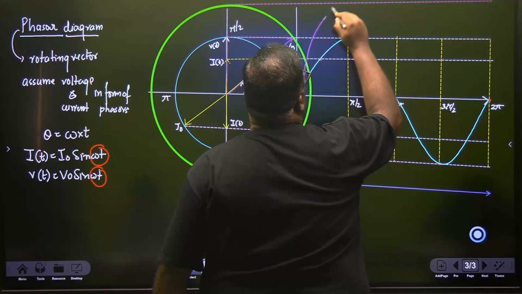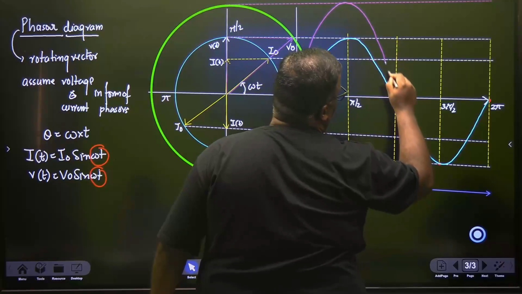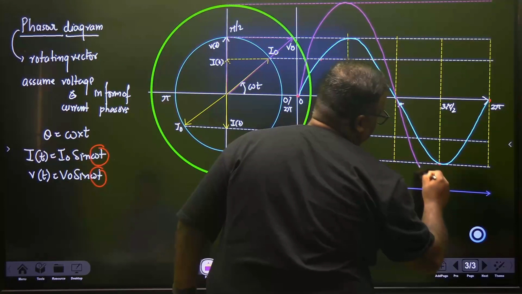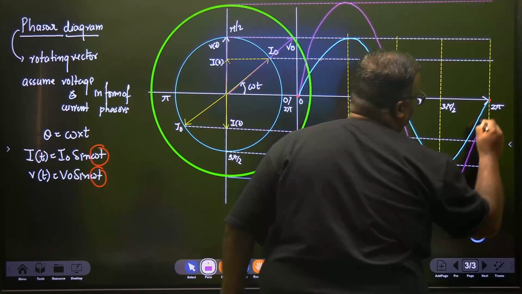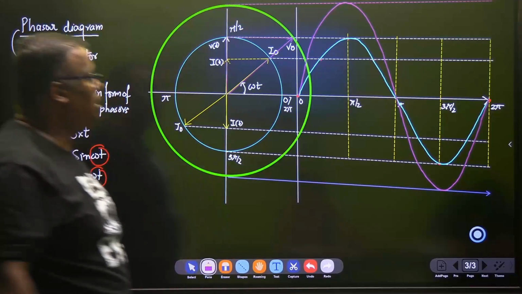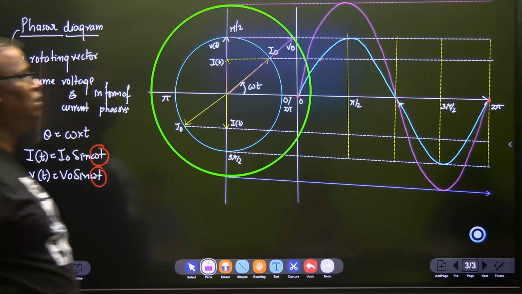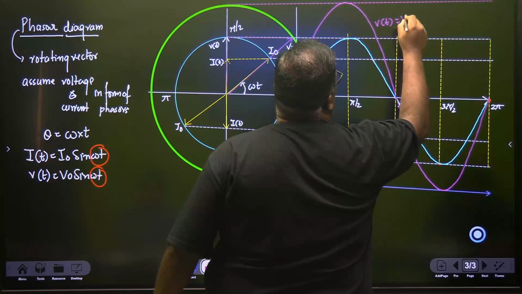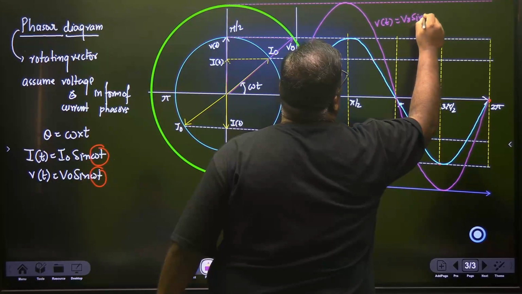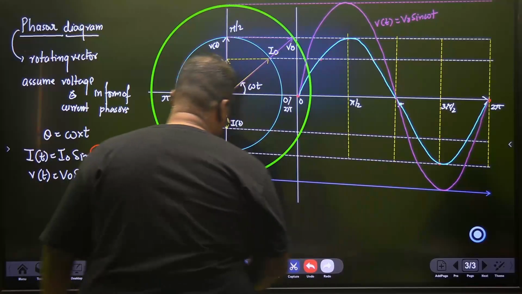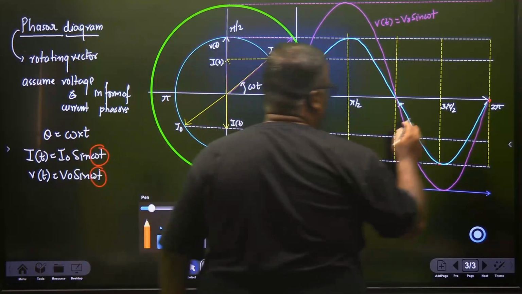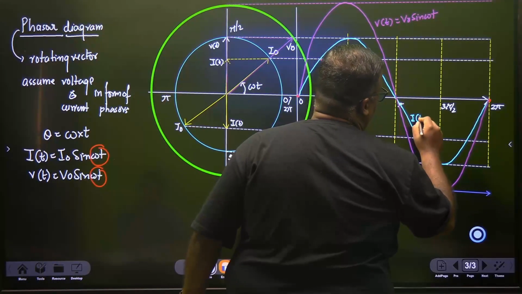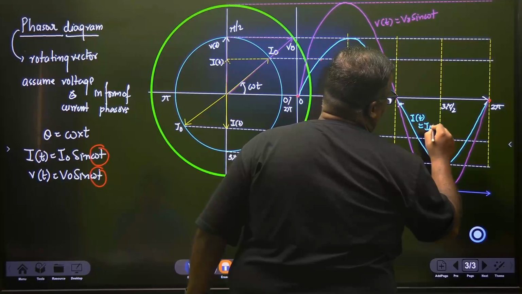It will go like this, come like this, come here, just that the amplitude of the voltage signal is more. This is V at any time t is equal to V naught sine omega t, and this is I at any time t is equal to I naught sine omega t.